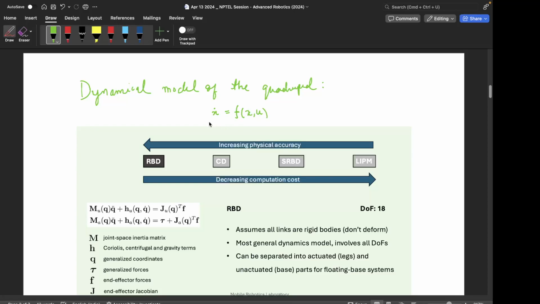right? So it's a function something like this, in which x is the robot state, q is the control input, and f is what we call the system dynamics, right?